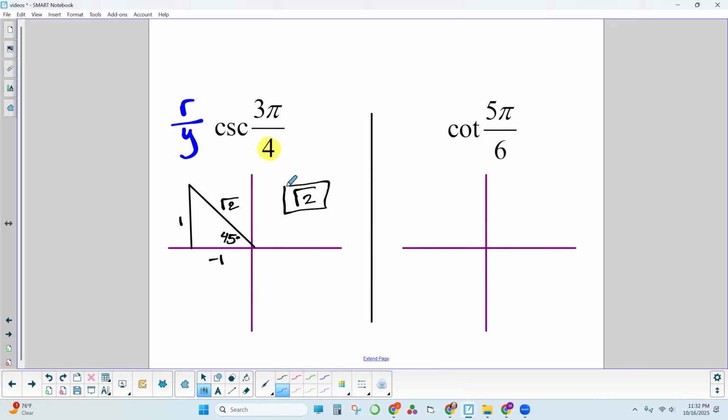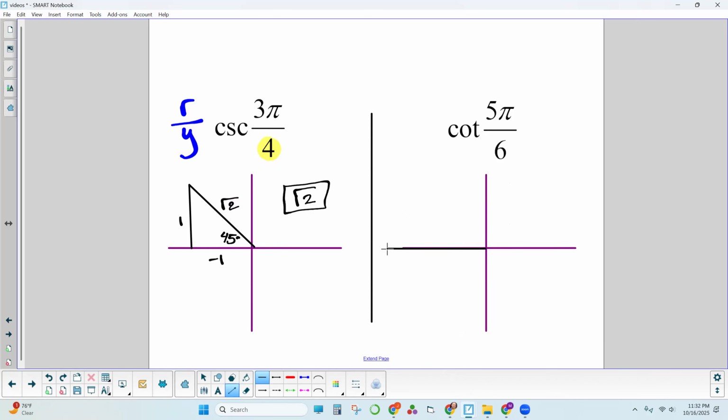What's really important here is that you're keeping your signs straight. X is negative in quadrants 2 and 3. Y is positive in quadrant 2. So r over y is going to be positive. Keep that in mind. Watch your signs. Over here, cotangent at 5 pi over 6. 5 pi over 6 is just shy of pi.